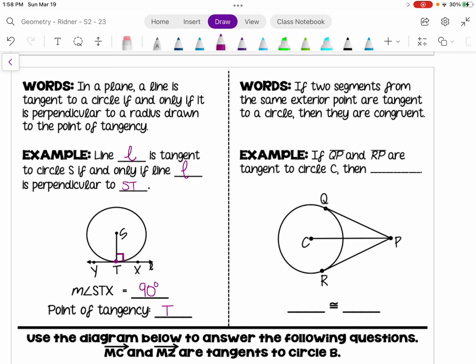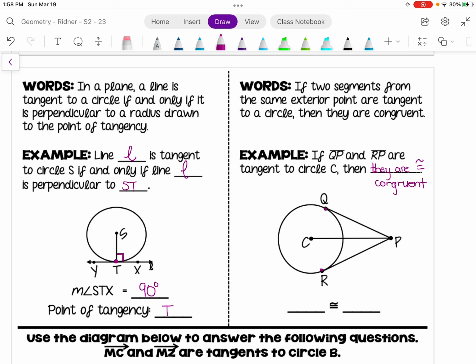The other side, if we have QP and RP, and they are tangent to the circle, then those two segments are congruent. If you don't remember what that symbol means, maybe actually write out the word congruent as a good study tip there.